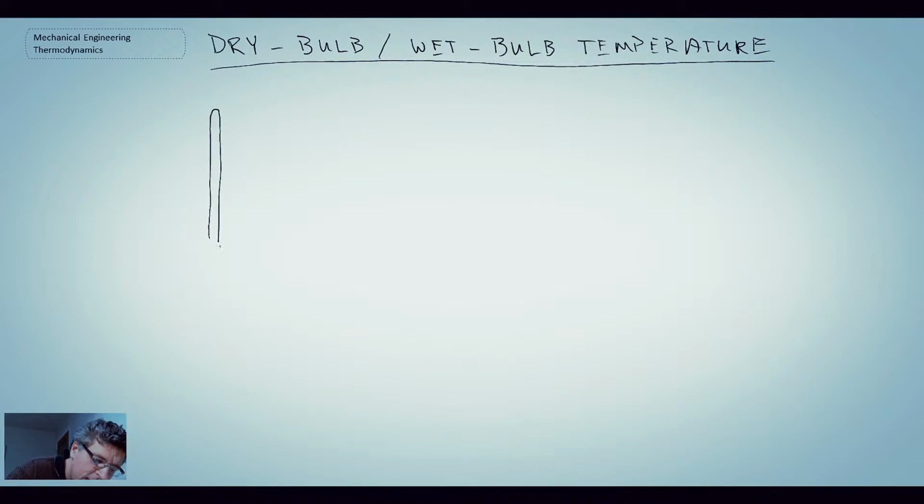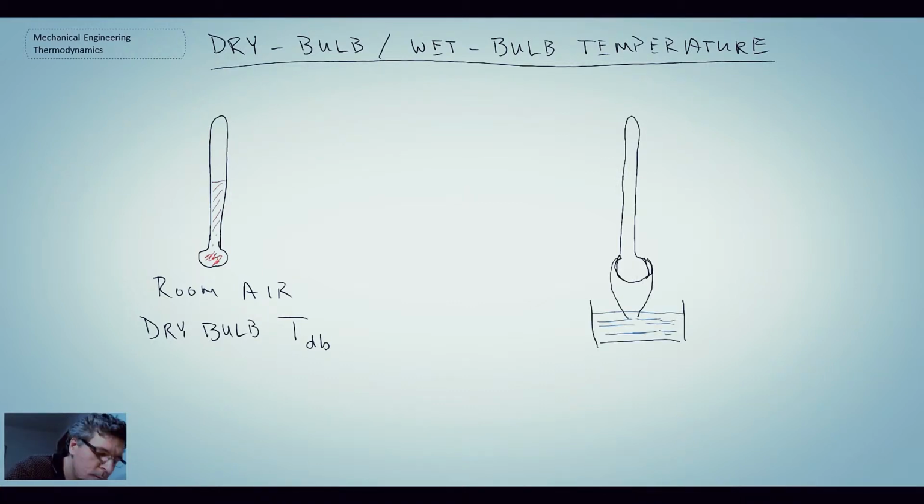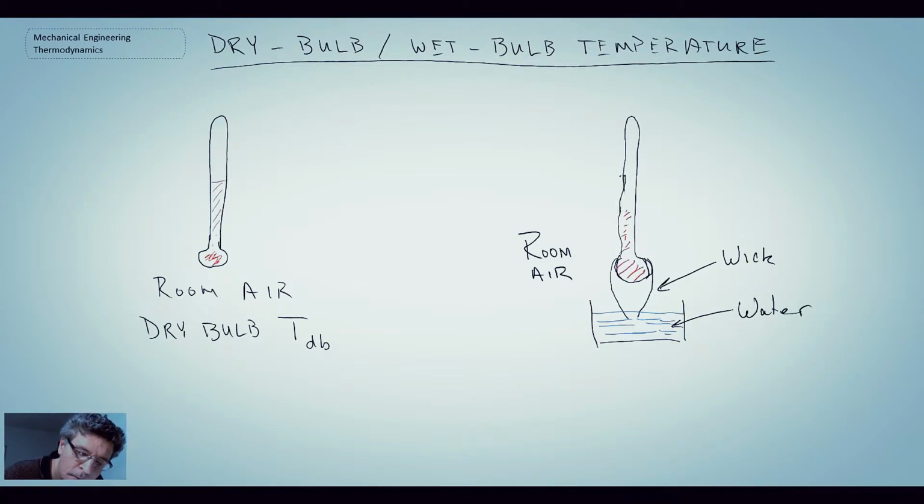So what it would consist of is one thermometer. So there we have what we call the wet bulb and the dry bulb temperatures.